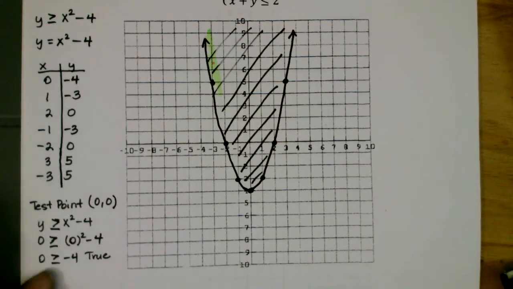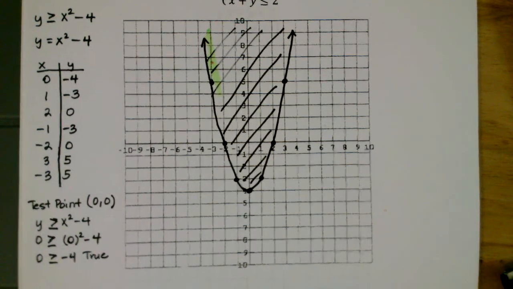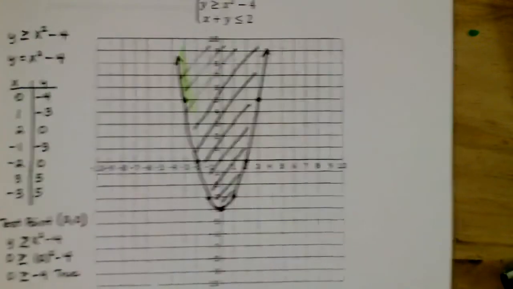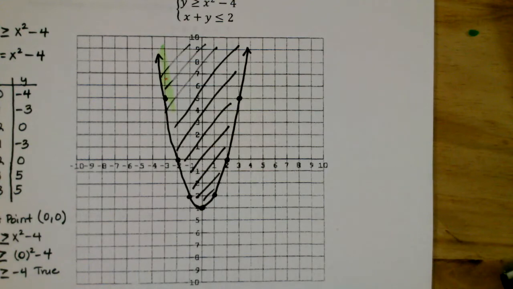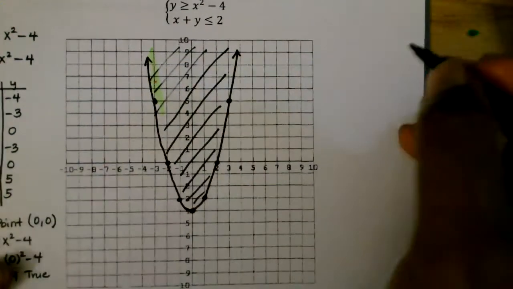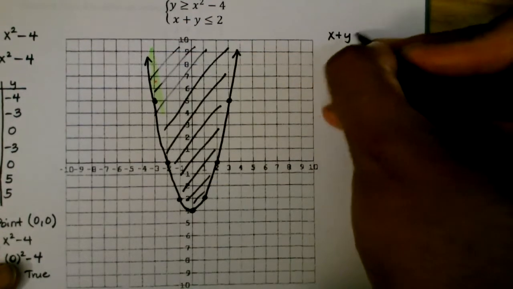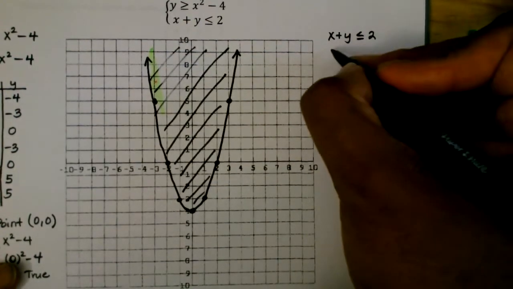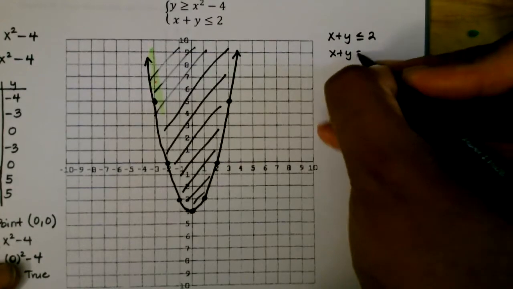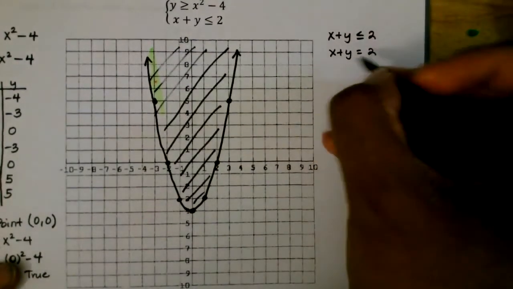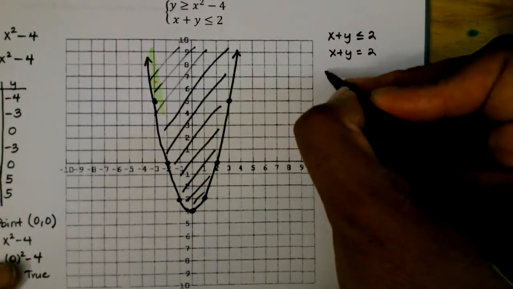Now, for the other line, x plus y is less than or equal to 2. I'm going to graph the line x plus y is equal to 2 using intercepts, since the x and the y are on the left side.